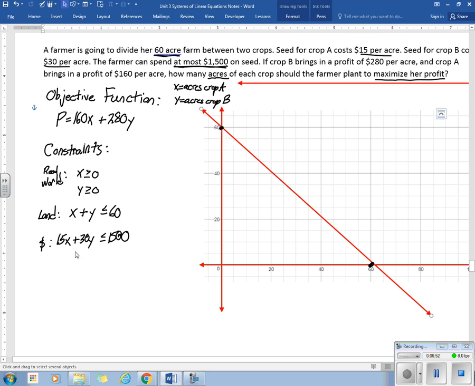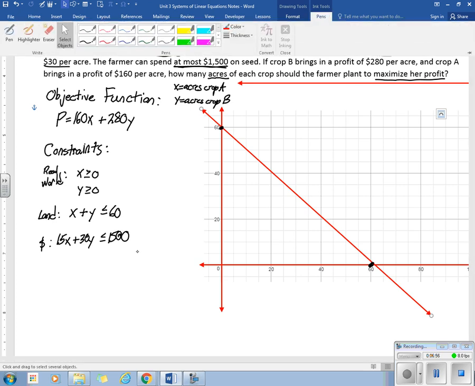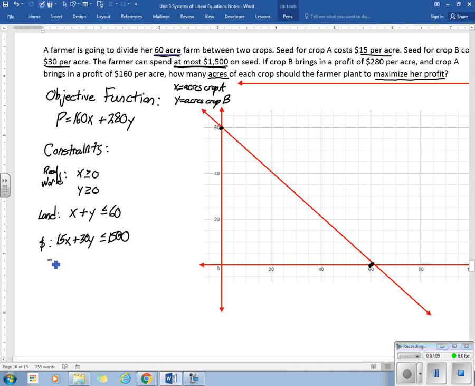The other one is a little more complicated equation, but if you get that solved for y, we'd be looking at y equals, let's see, just minus the 15x from both sides. We'll go ahead and divide both sides then by 30.